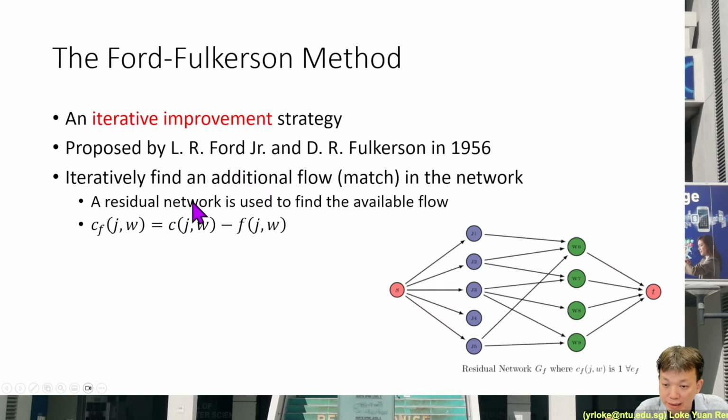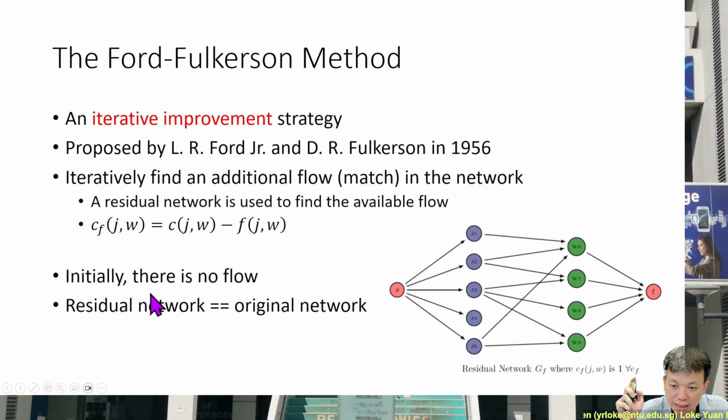This residue network actually is this original network minus the path you found. How does it work? Let's see. Initially there's no new flow.